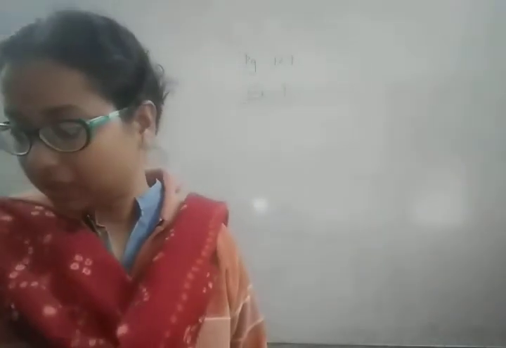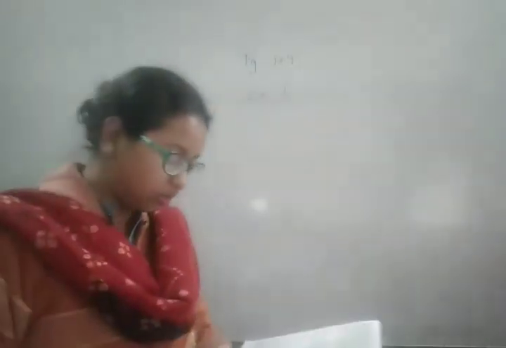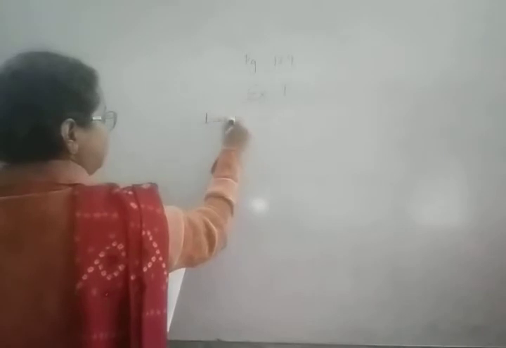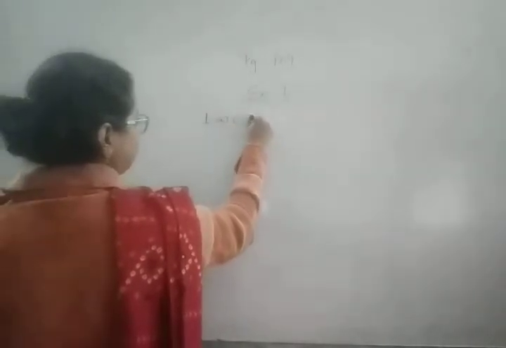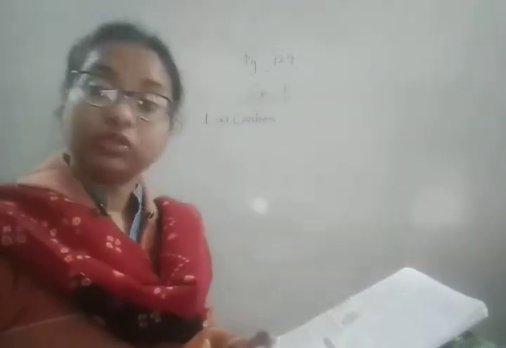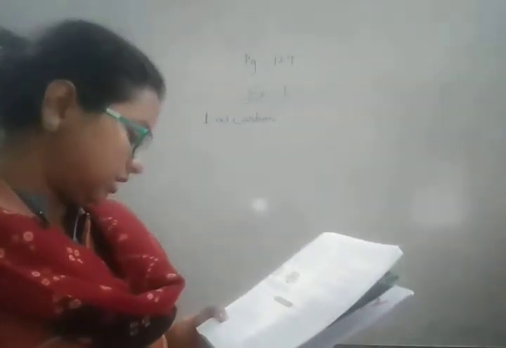First of all, we have fill in the blanks. Dash is present in both living and non-living things. So 1A, this will be carbon. Carbon is present in both living and non-living things.